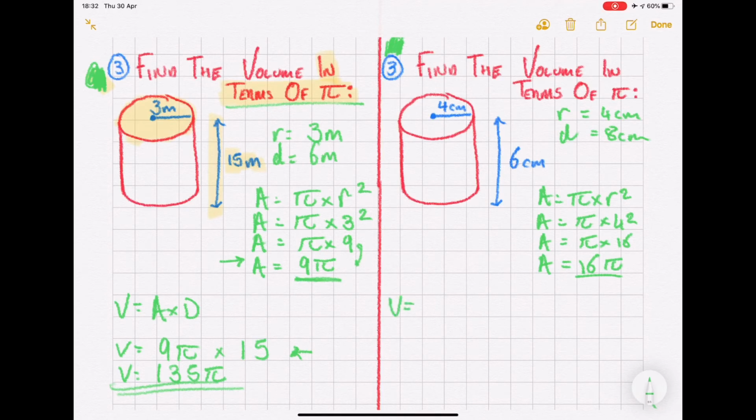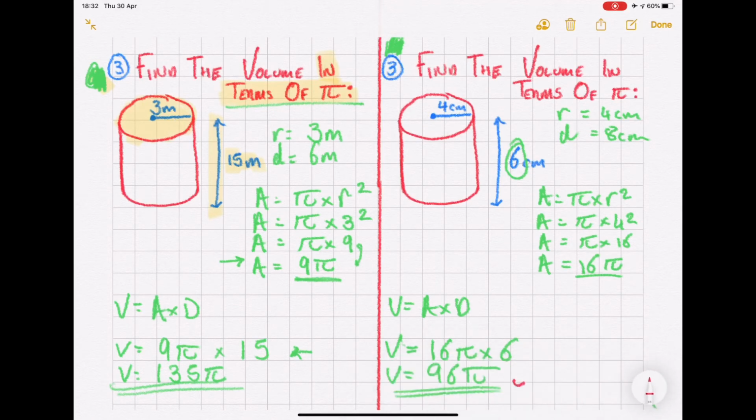Volume is our area times by our depth. What's our depth? Our depth is 6 centimeters. So volume equals 16 pi times by 6. If we type that into our calculator, 16 times 6 gives us 96. So volume is 96 pi. And that's our final answer there.